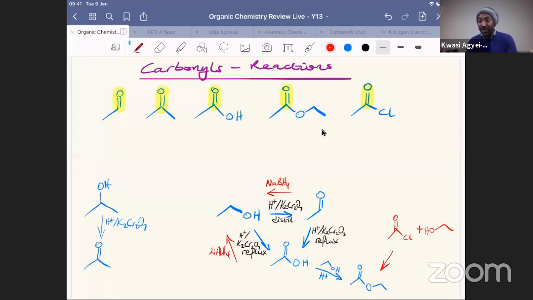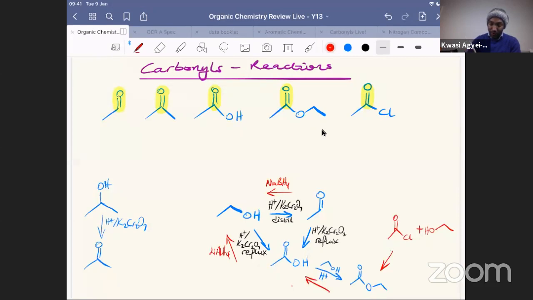So lithium aluminium hydride might be a reagent of choice. And then as far as the esters go, you can actually hydrolyze these esters back to carboxylic acid. In this instance, they would involve the same sort of acidic or sometimes alkaline conditions to go back to your carboxylic acid.